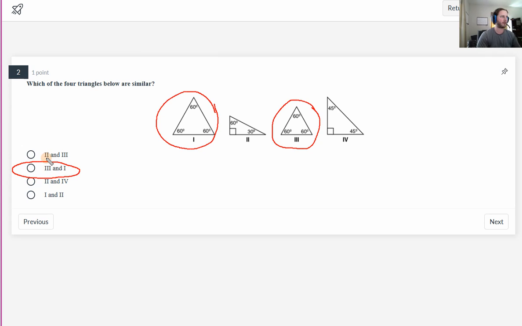Nothing else is really going to work. 2 and 3, no. 1 is not a right angle. 2 and 4, maybe, except the angles should not have changed, and they did. 1 and 2, again, different angles, definitely doesn't work. If nothing else, if 2 shapes are similar, they have to have the same angles.